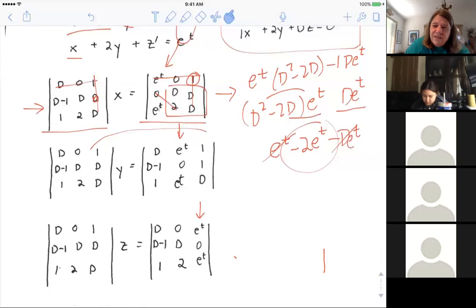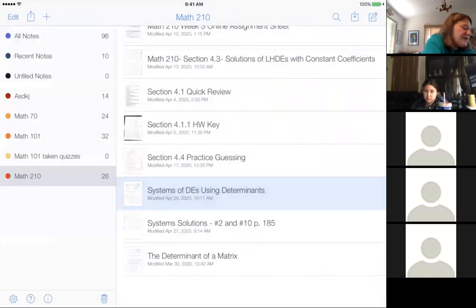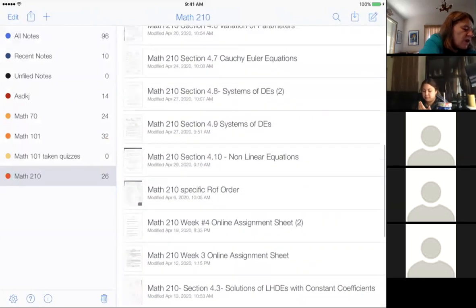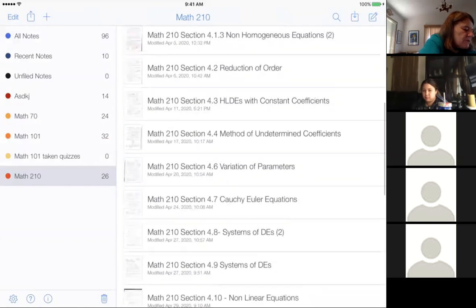I'm going to finish up chapter 4 here with section 4.10, which is actually a pretty easy section, but I'm mostly doing it to show you how nice linear equations are. I'm going to talk a little bit about nonlinear equations. They're harder to solve.